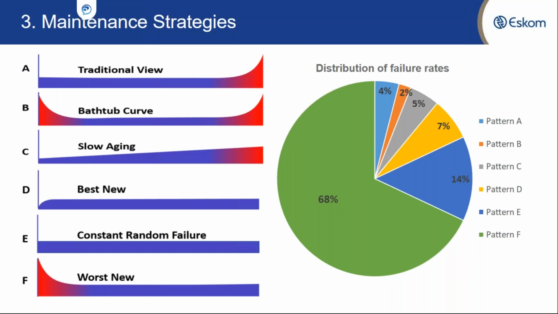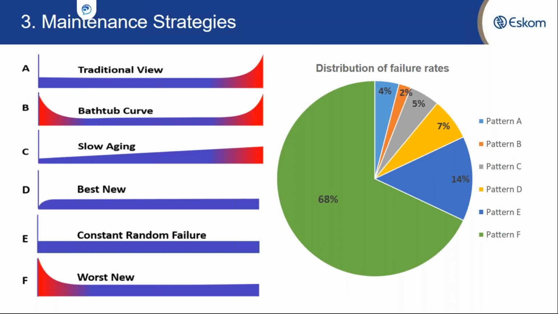The RCM study that was done within the airline industry also uncovered that the traditional view on asset failure, which is to say normally assets have a constant probability of failure and they tend to fail with time, was actually wrong.